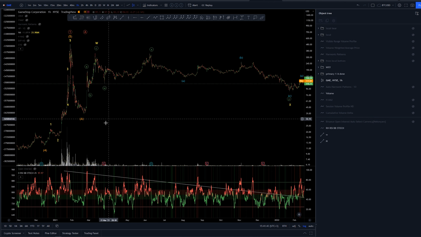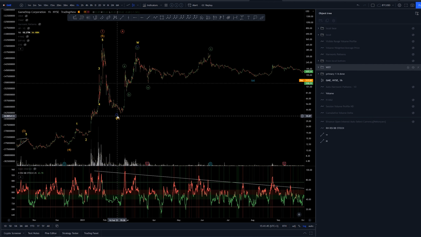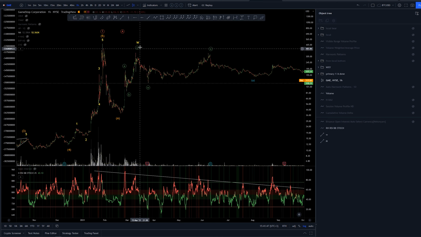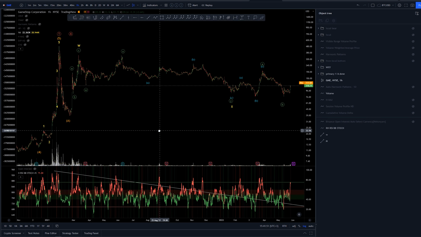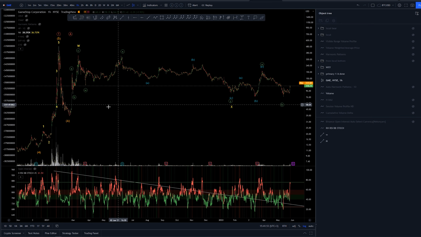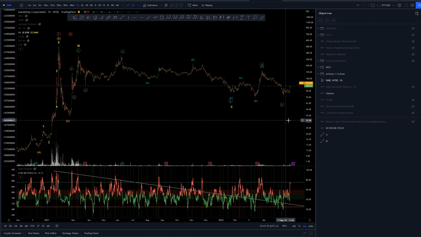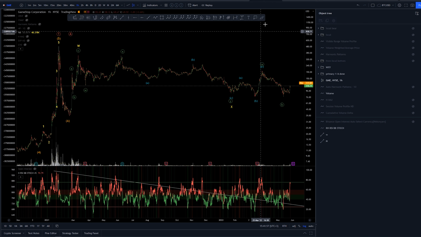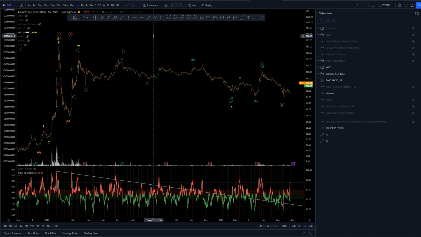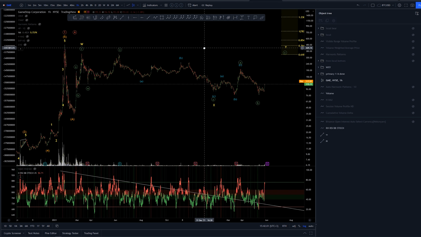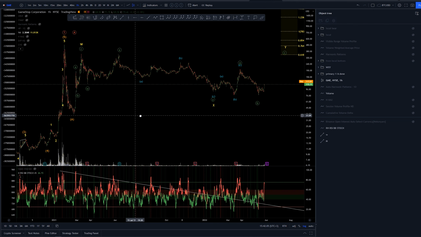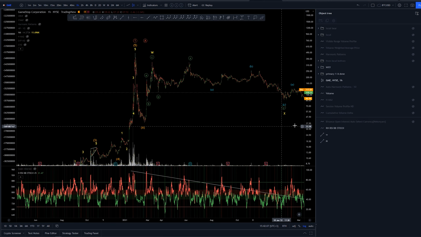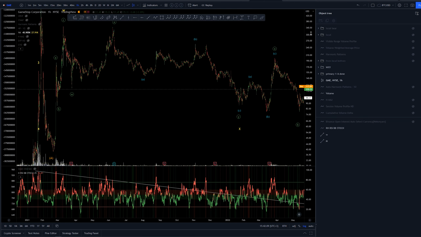The proportions are way better for an ABC here, way better. So I'm just going to present this count where we have the W, X, Y and not 1, 2 somewhere and then 3, 4, 5. That is always a possibility, but sometimes I'm just going to present the most likely count, which is what I'm seeing here.